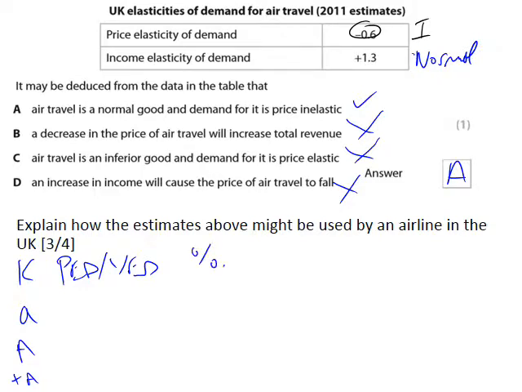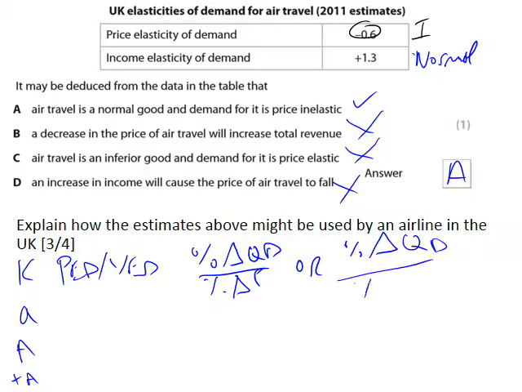So the formula is the quickest way to do it. Percentage change in quantity demanded over percentage change in price, or percentage change in quantity demanded over percentage change in income. The application here in terms of why it's inelastic is because it is between 0 and minus 1, and the reason why it's a normal good is that it has a positive YED.